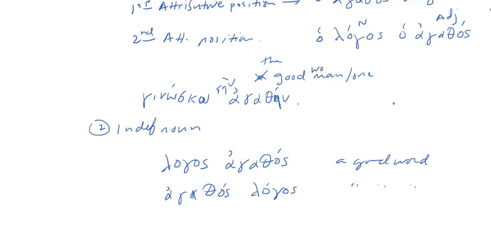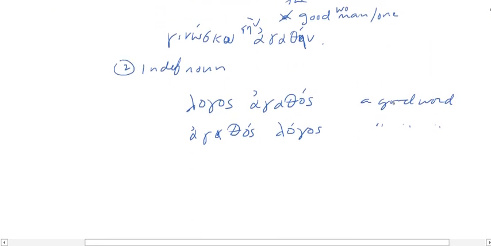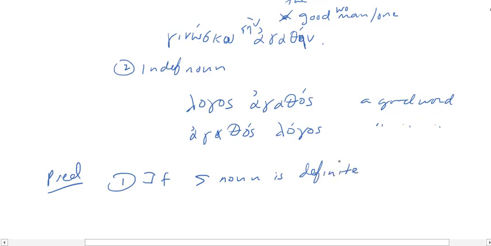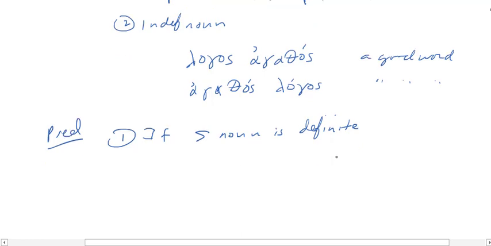All right. Now, we do have some situations here with predicate adjectives. All right? So, with predicate adjectives, if the subject noun is definite, then we're going to be able to help ourselves here.